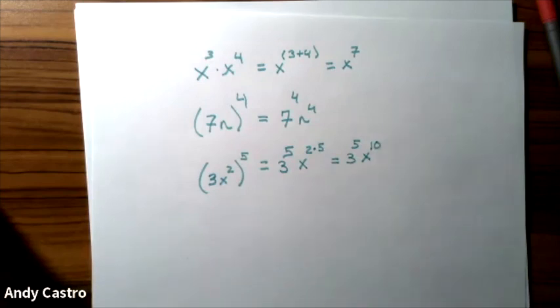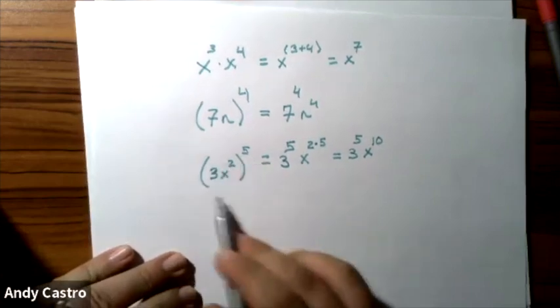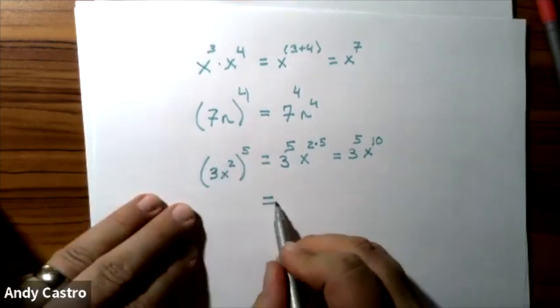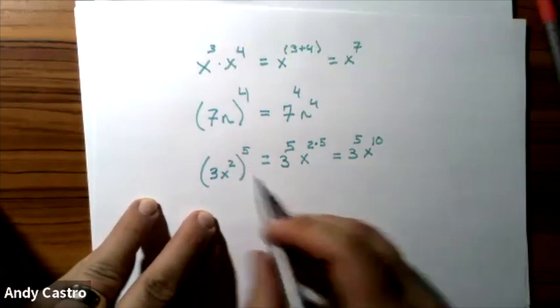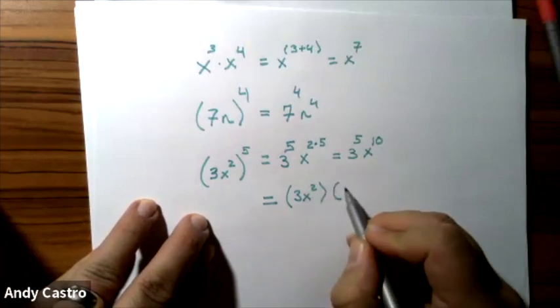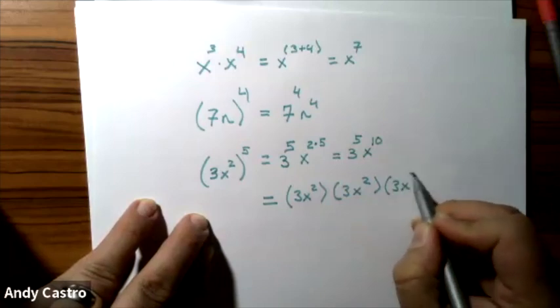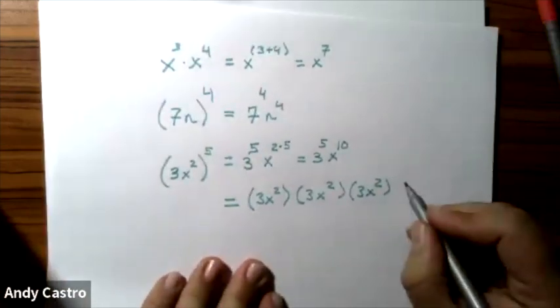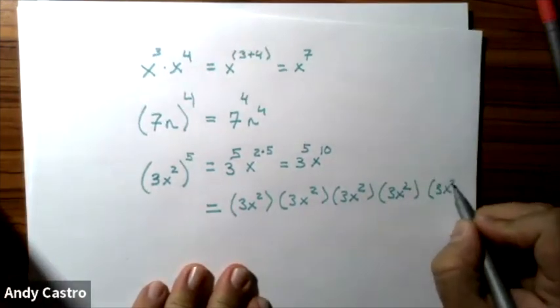And if you're curious and you want to prove this to yourself, what you can do is take this right here and multiply it out. So this would be 3x squared, 3x squared, 3x squared, 3x squared, and 3x squared.